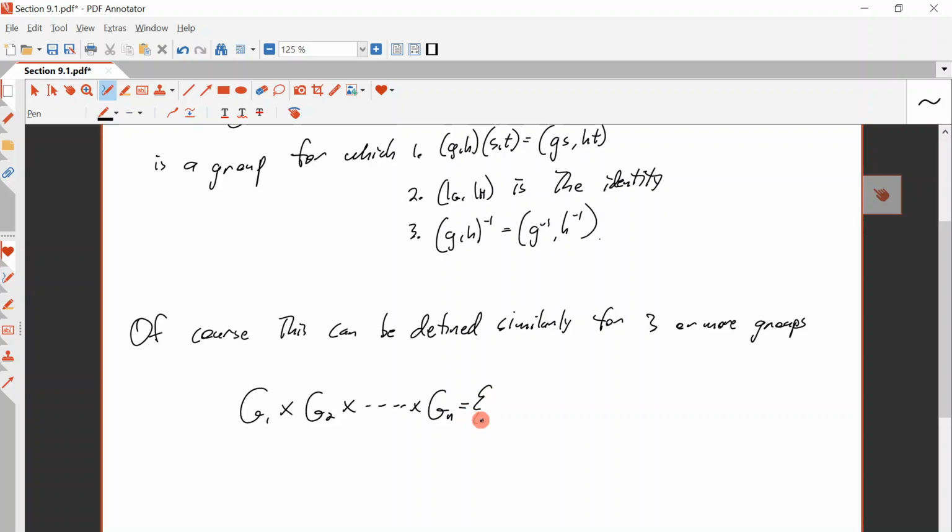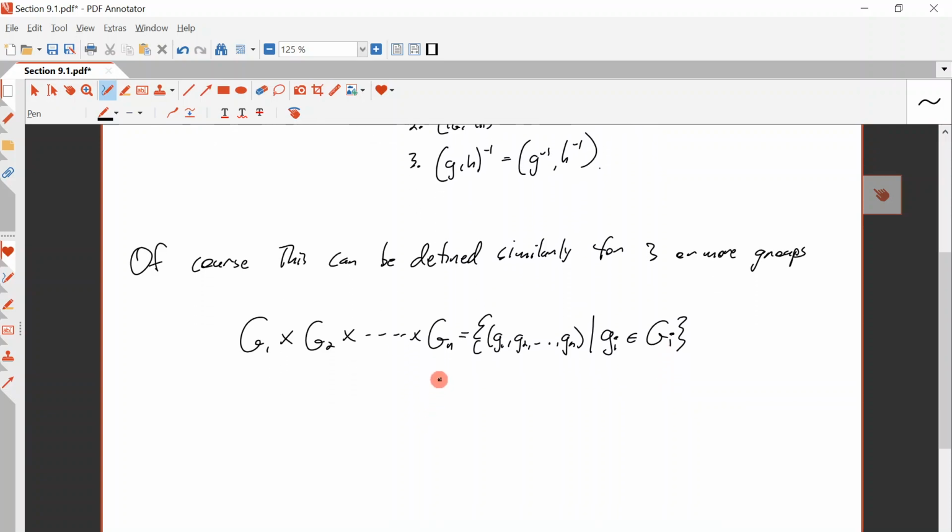It's the set of all (g1, g2, ..., gn) such that gi is an element of Gi. It can be defined for 3 or more groups, and certainly we're not going to cover it because it's really boring.